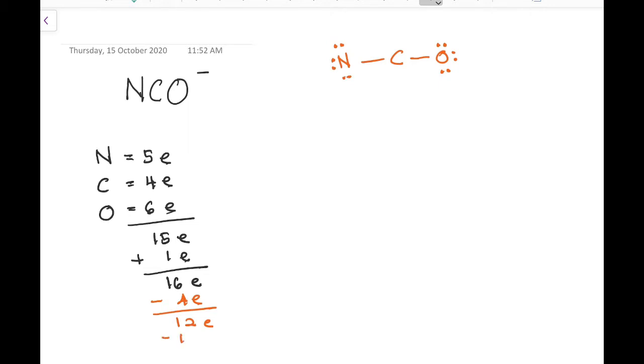So now we have used all the electrons, but our central atom is not an octet. So how to make it an octet? One of the terminal atoms will donate a pair of electrons or 2 pairs of electrons. So there are a few possibilities.